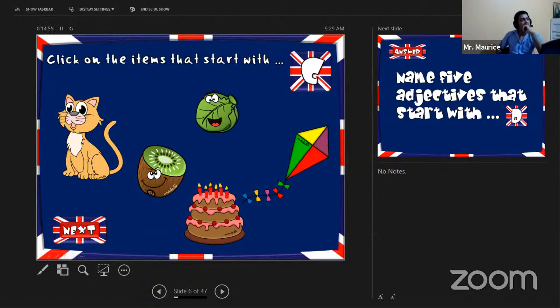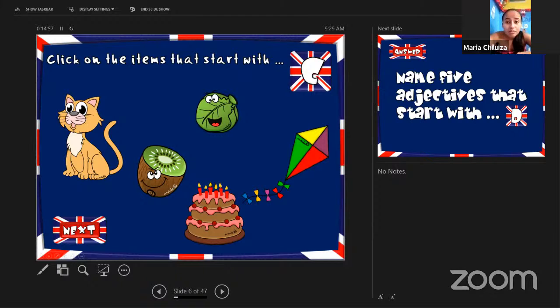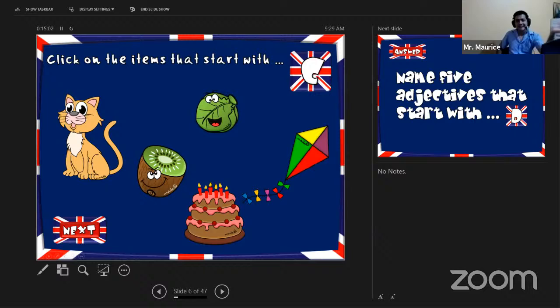Otro objeto que empieza con C. Cake. Very good. So we have cat, cake. ¿Habrá otro objeto? No, ya no hay. Okay, it's correct. Cat is the letter C. Cake is the letter C. This is a kite, but it starts with the letter K.